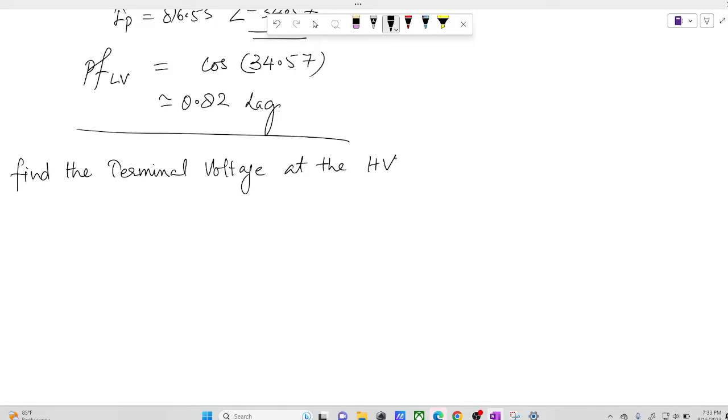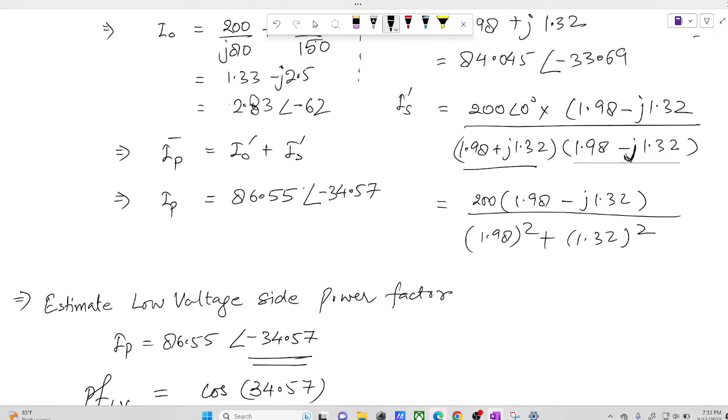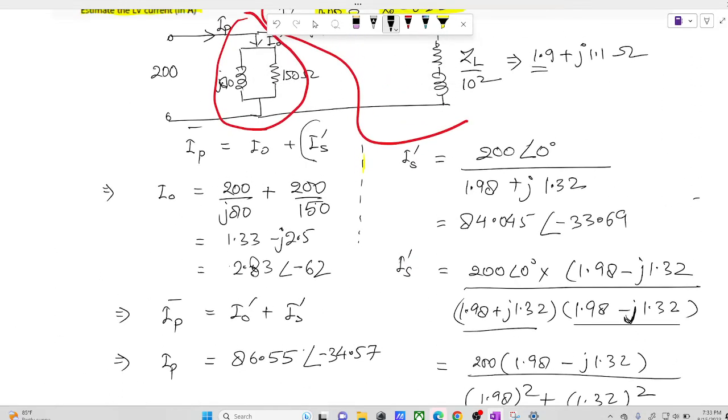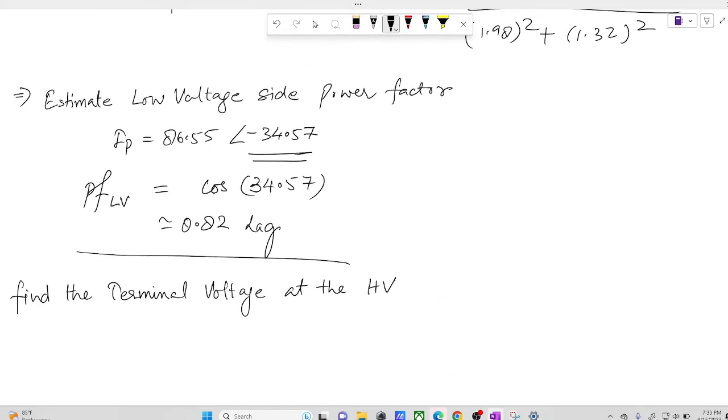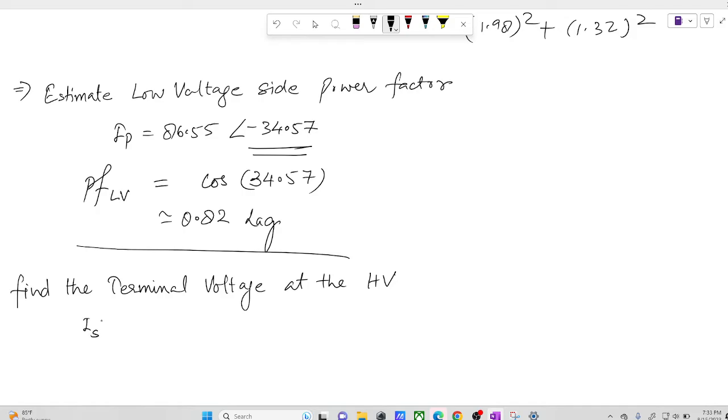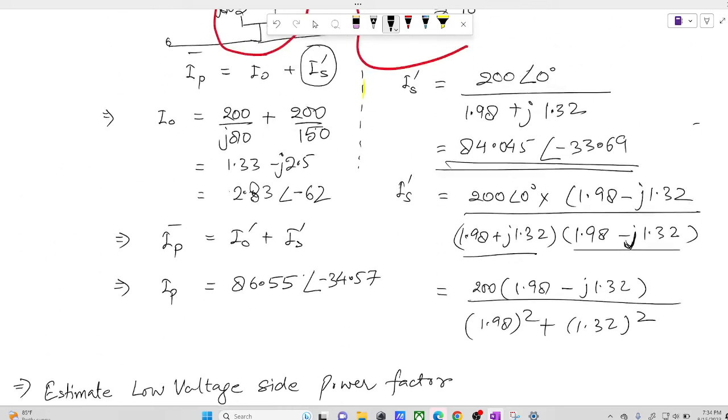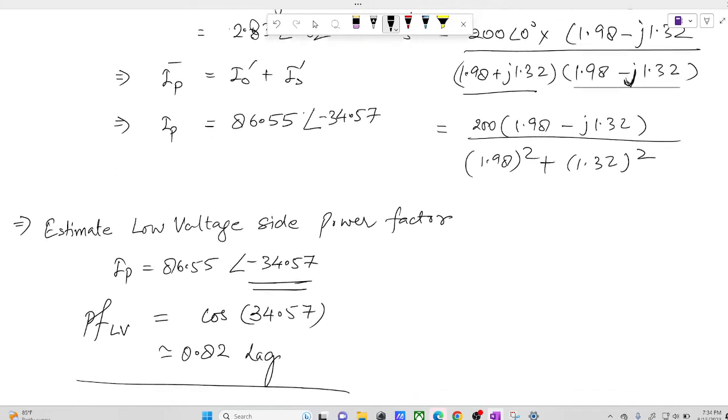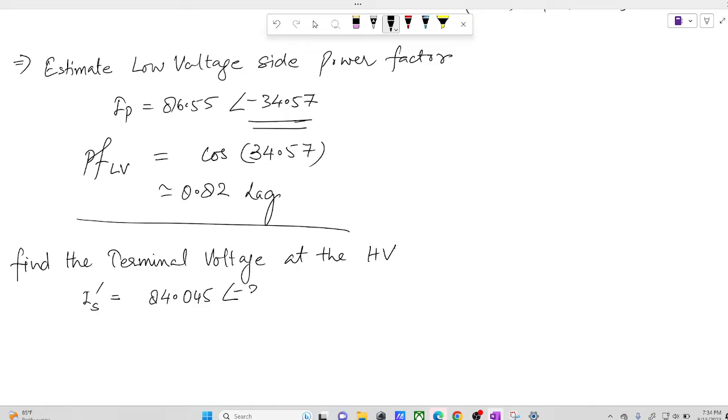We have got that the referred current IS dash, the secondary referred low voltage current, is 84.045 at an angle of minus 33.69.